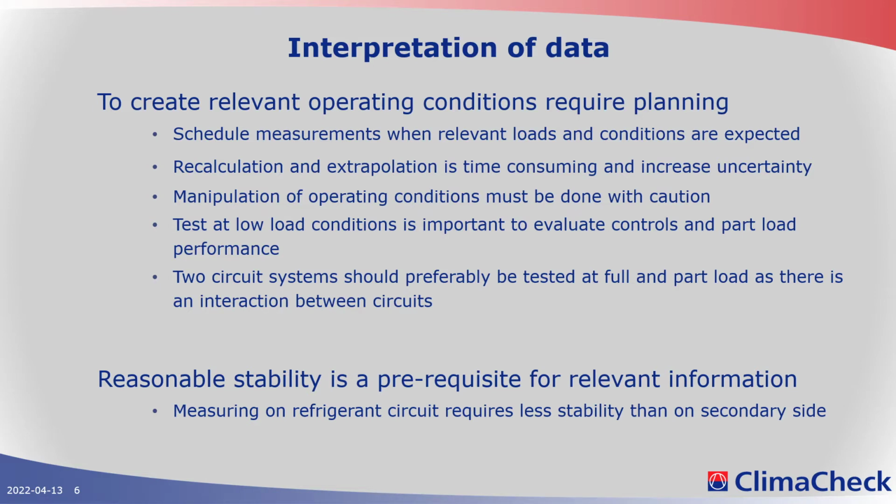Many systems would have very small temperature differences on the water side if they run one circuit, and that will be a totally different operating condition than if you run both. So again, plan and try to get relevant data. And get stable data. To look at data when everything is changing is not going to help anything.